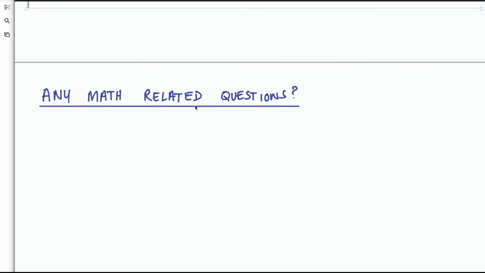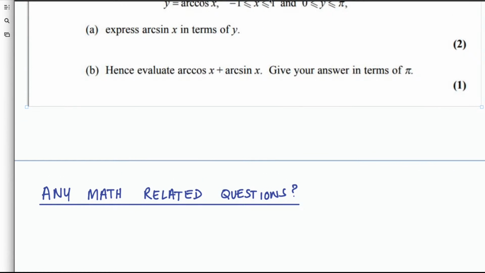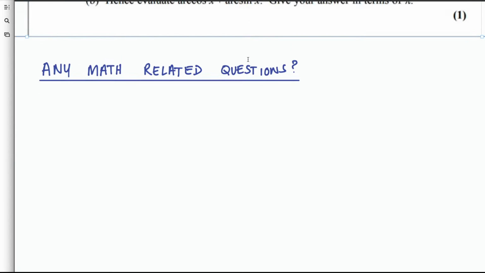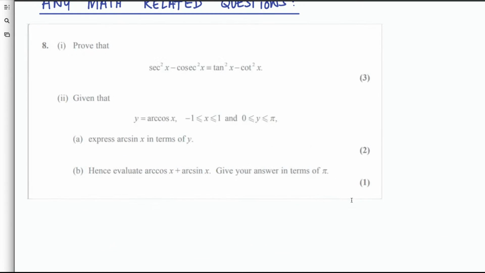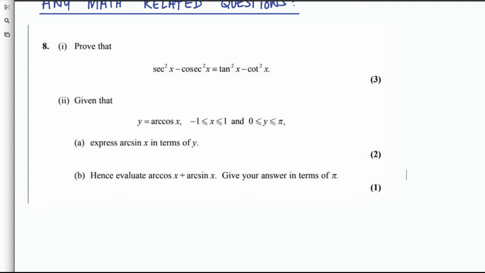Where did it go? Somewhere. Oh, up here. Okay, alright. Let's have a go at this one.